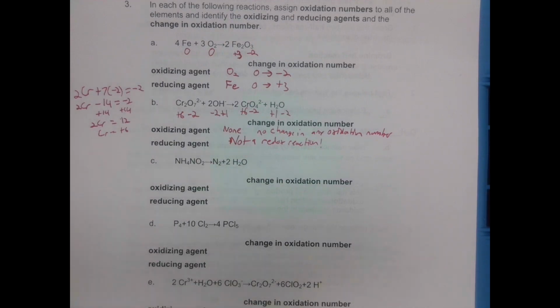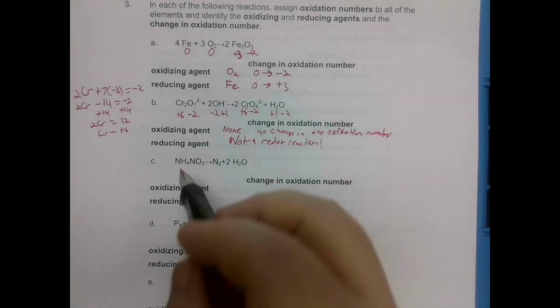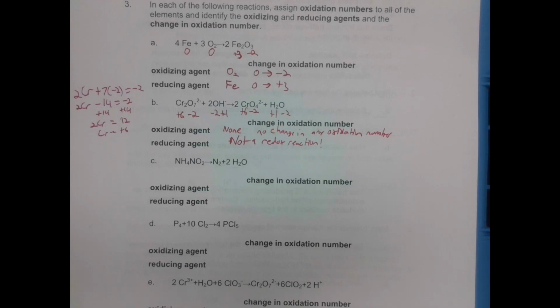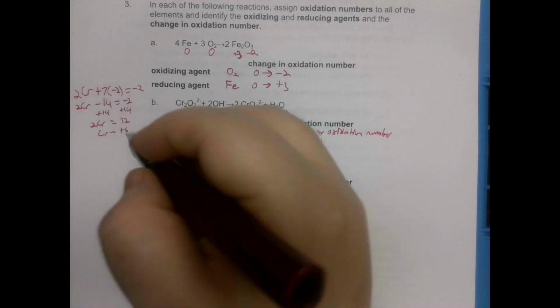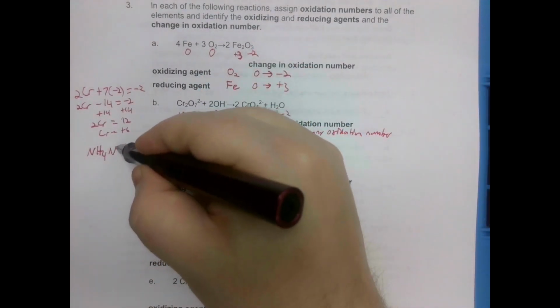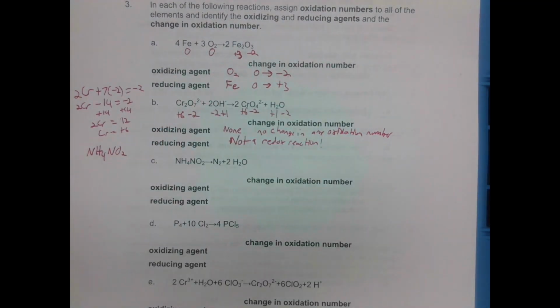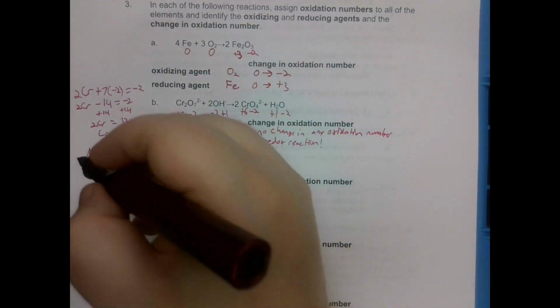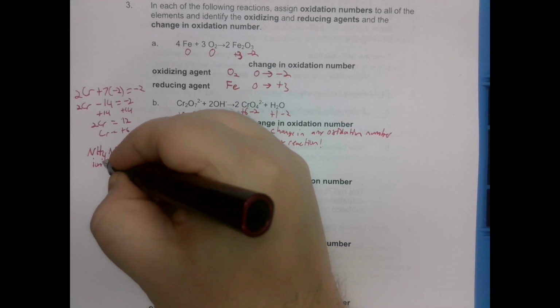What does this immediately scream to you? I'll give you a hint, this is more complicated. You have to do something different about this one. NH4NO2. This should immediately scream to you ionic compound.